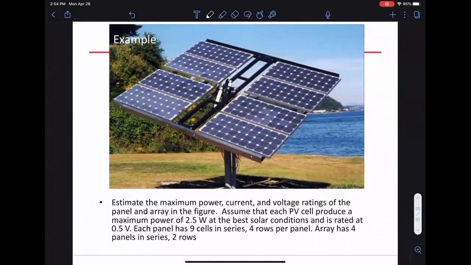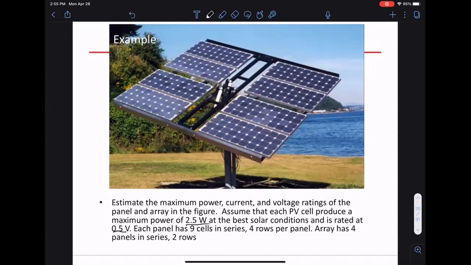So let's say we have a formation like this. We'll have a panel and array like this. Each of the cells is rated at a maximum voltage of 0.5 volts, so relatively small, and can generate a max power of 2.5 watts.